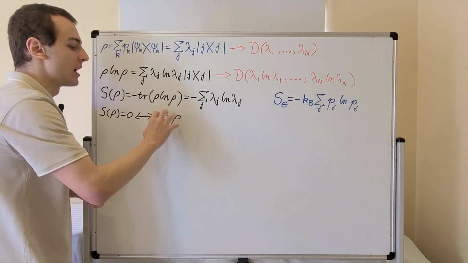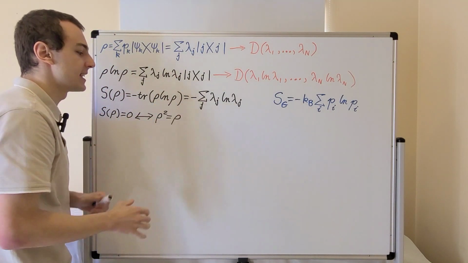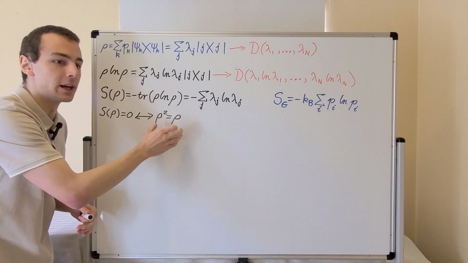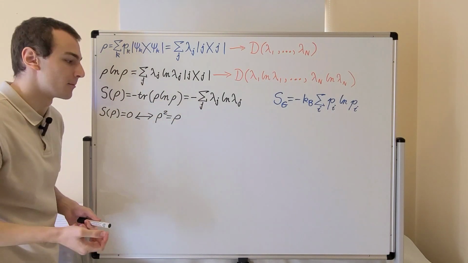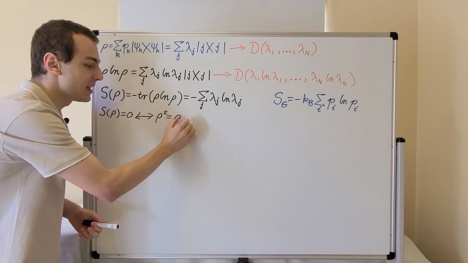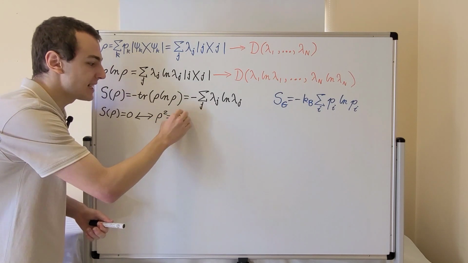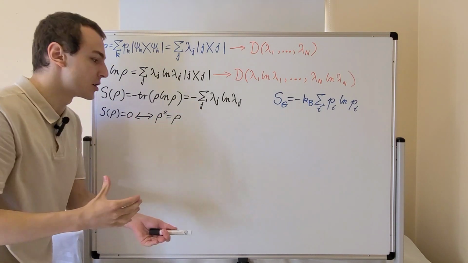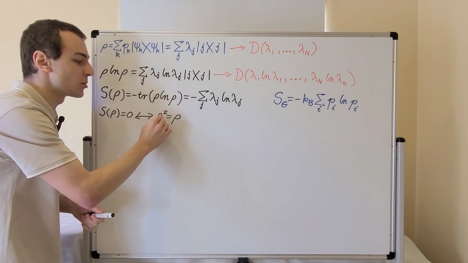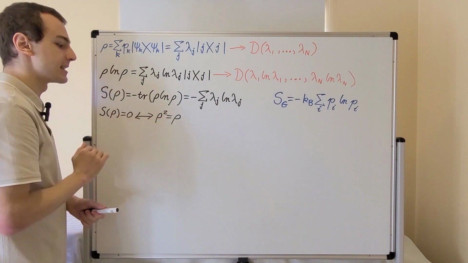Now, another way of quantifying this or summarizing this is the purity is equal to 1. So the trace of rho squared is equal to 1. If you take the trace of both these guys, the trace of rho has to be equal to 1. That's the normalization condition. So that means the trace of rho squared is also equal to 1 for a pure state.